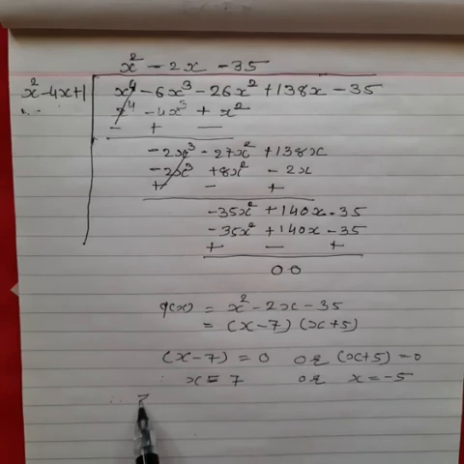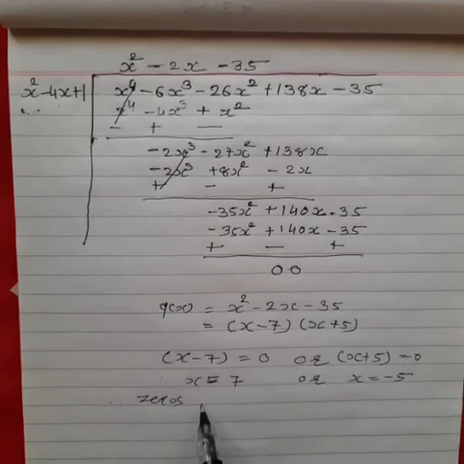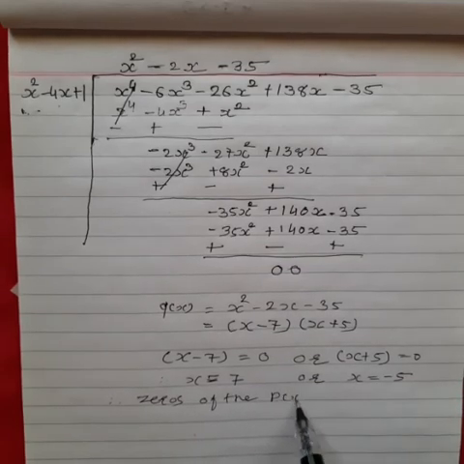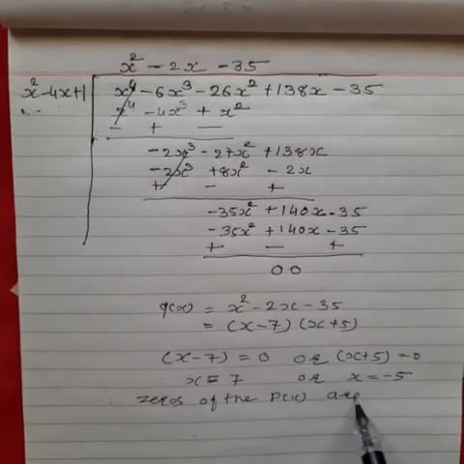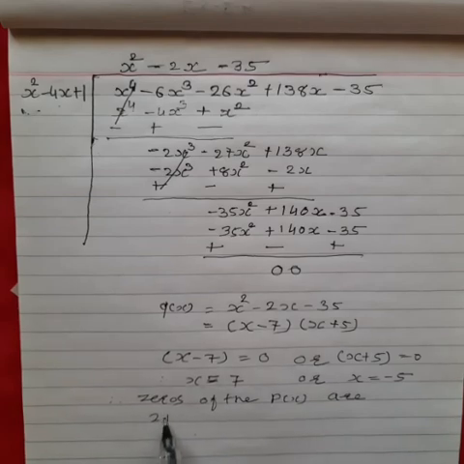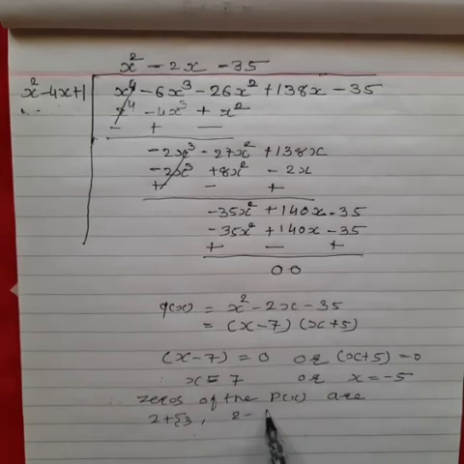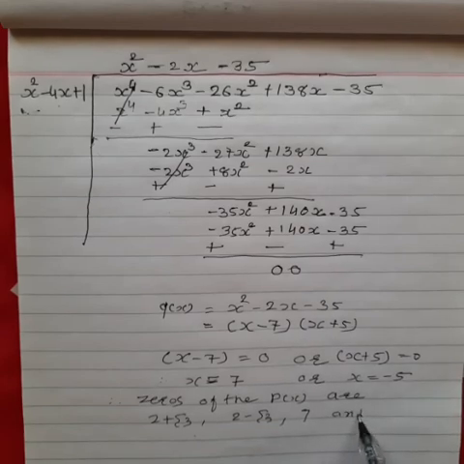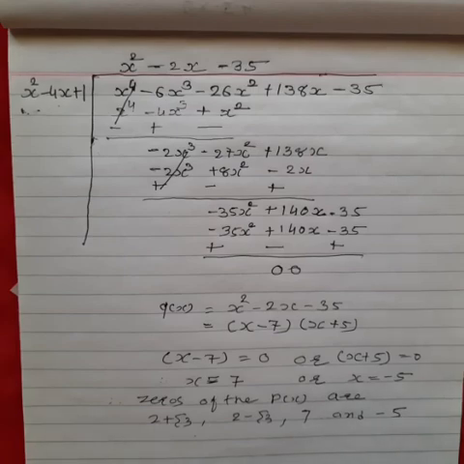Therefore, zeros of p of x are 2 plus root 3, 2 minus root 3, 7, and minus 5.